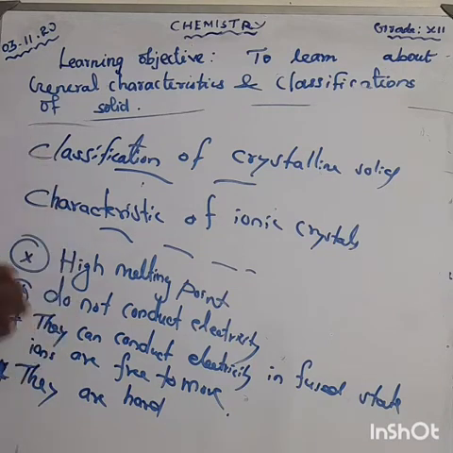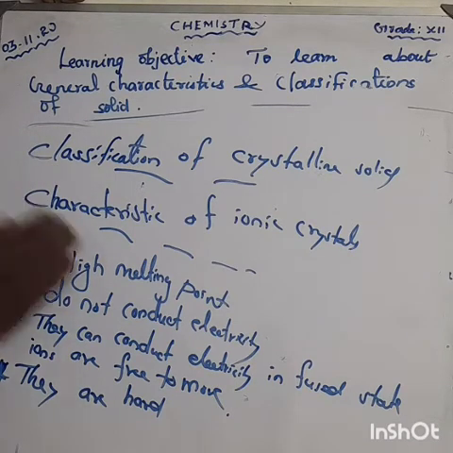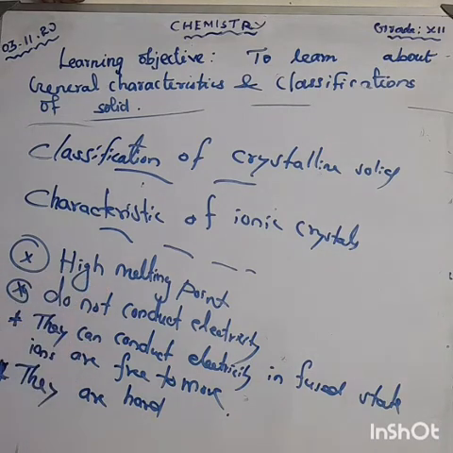Now the ions are free to move, and in this state they can easily conduct electricity. And also, they are very hard, as only a strong external force can change the relative positions of ions.